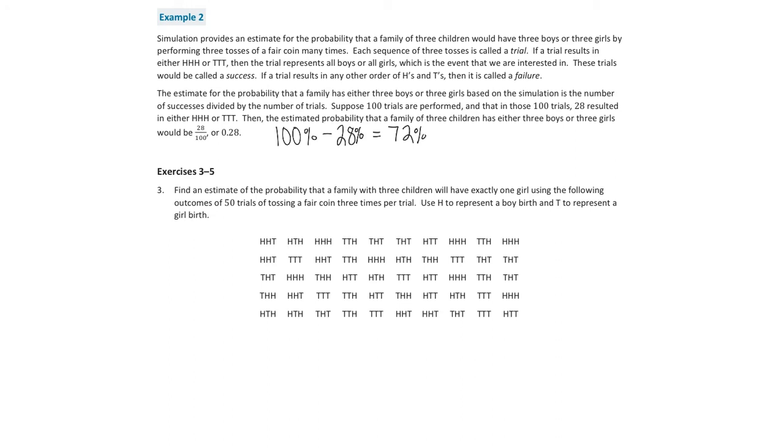Another way we could have looked at this is in decimal form. 100% in decimal form is 1, minus 28 hundredths, equals 72 hundredths, which we know in percent form is 72%.